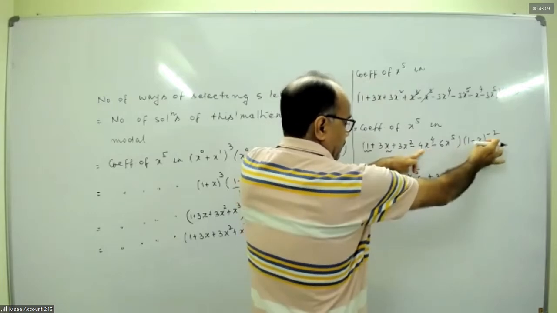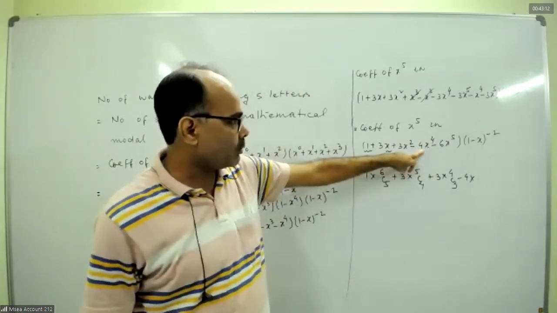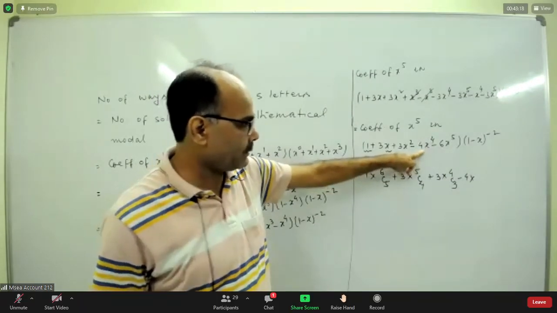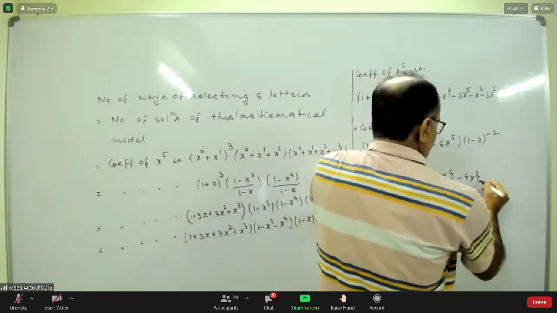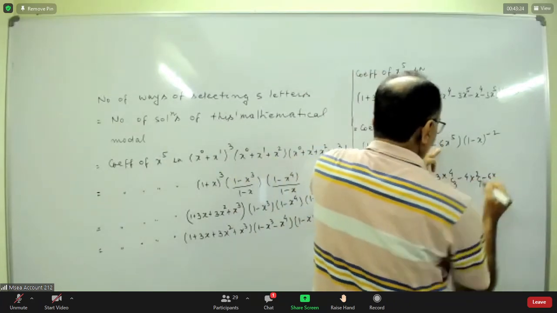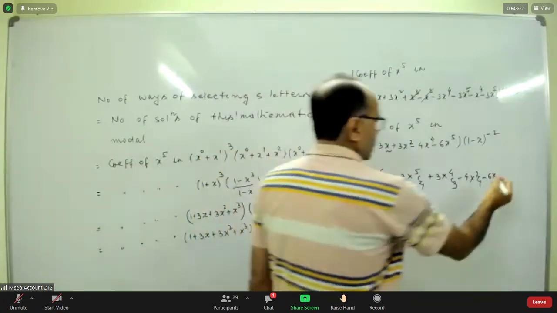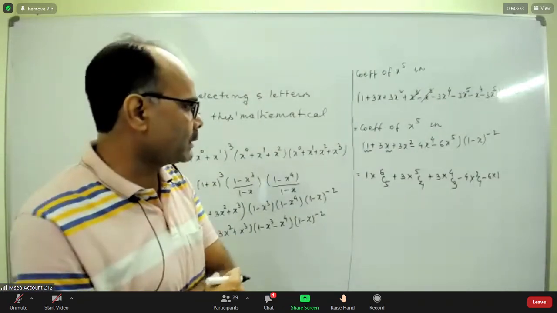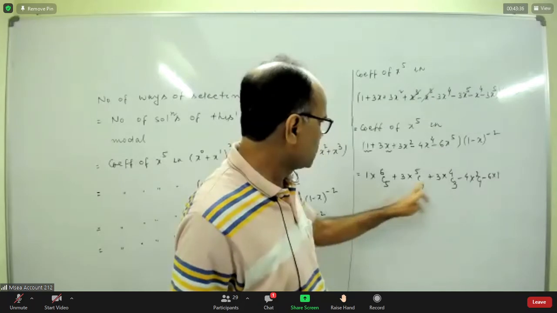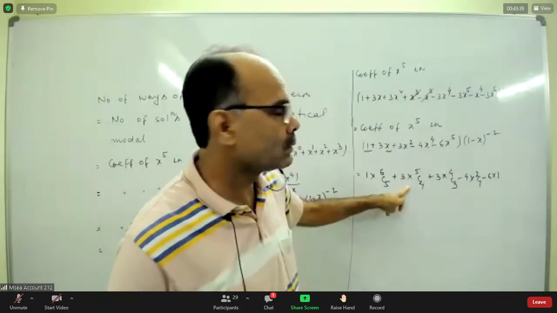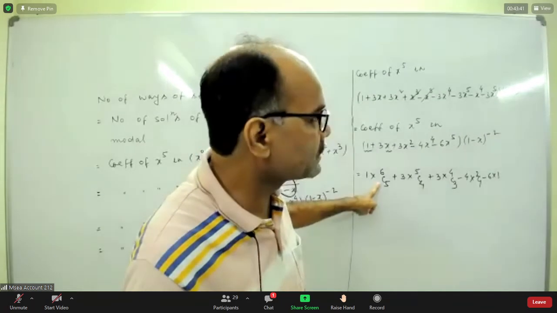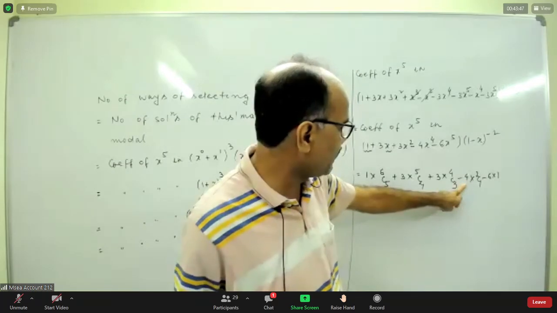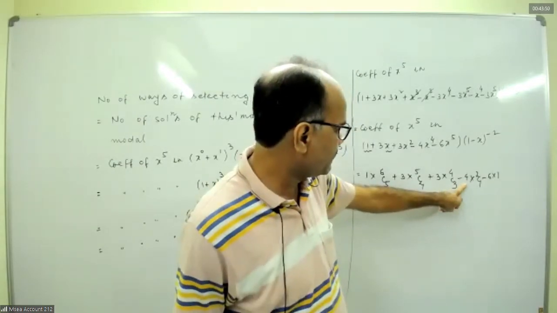We want x to the power 1: (1+2-1)C1, that is 2C1, minus 6. 6 into 1, yes. 15, 12. So 12 plus 15, 27. 27 plus 6, 33. 33 minus 14, 8.